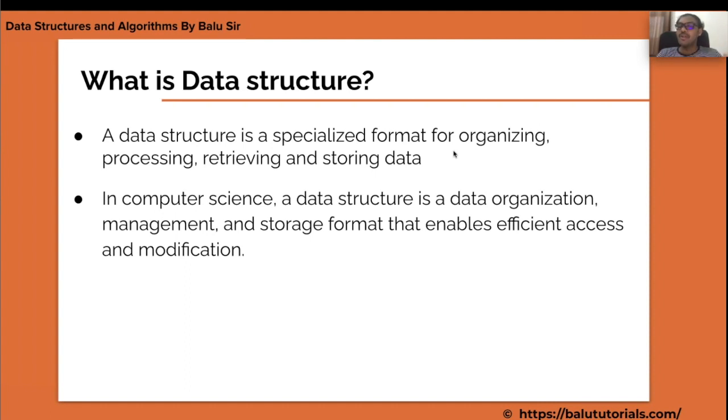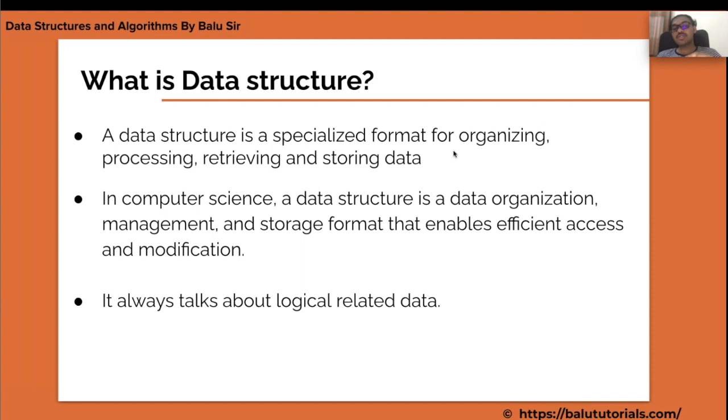So whenever you are going to store any information in the computer, it has to be organized in a particular manner, and it has to give the best time complexity. It has to give efficient access and modifications. These are all related to the time complexity of the data, how you are going to represent it.